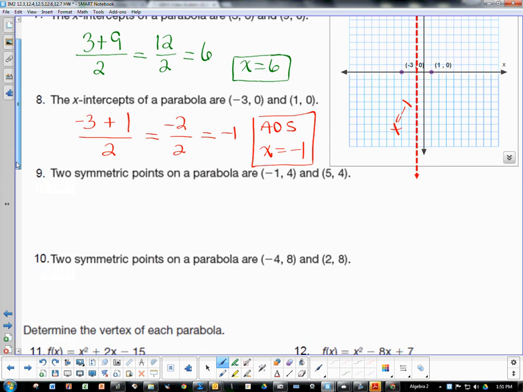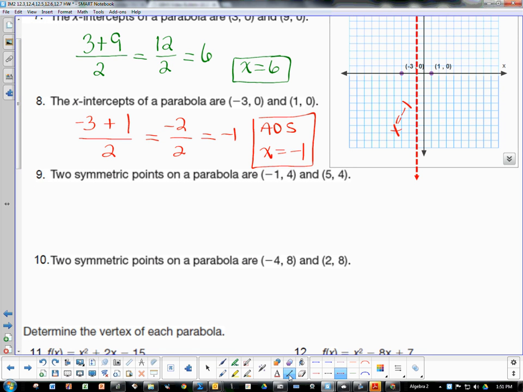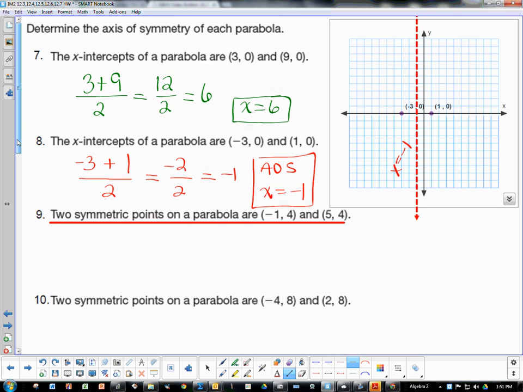Number 9. Now, number 9, they're changing it up on you a little bit here. They're saying two symmetric points on the parabola are -1, 4 and 5, 4. So it'll probably help if I go ahead and graph these quickly.